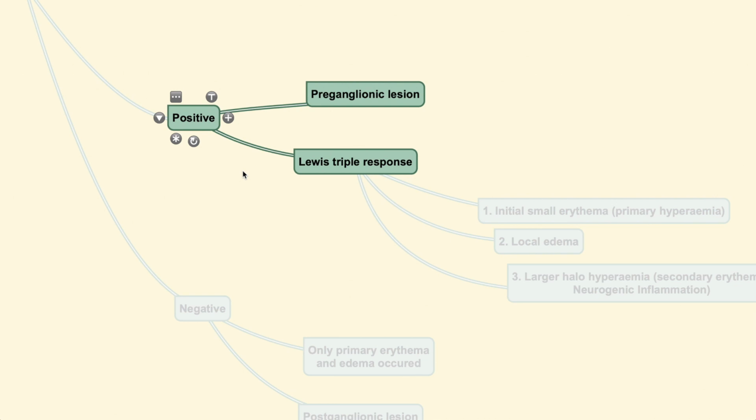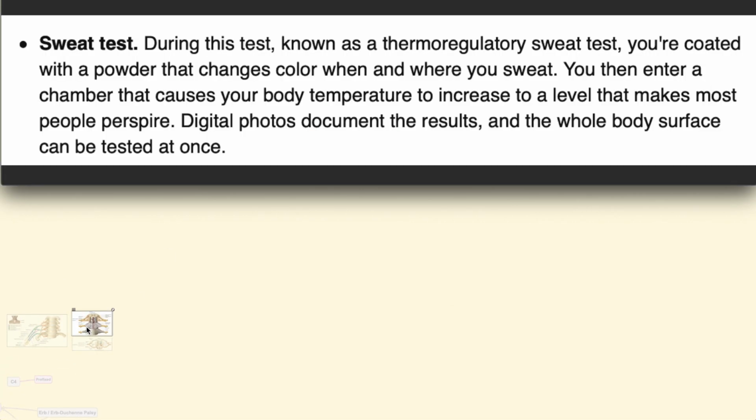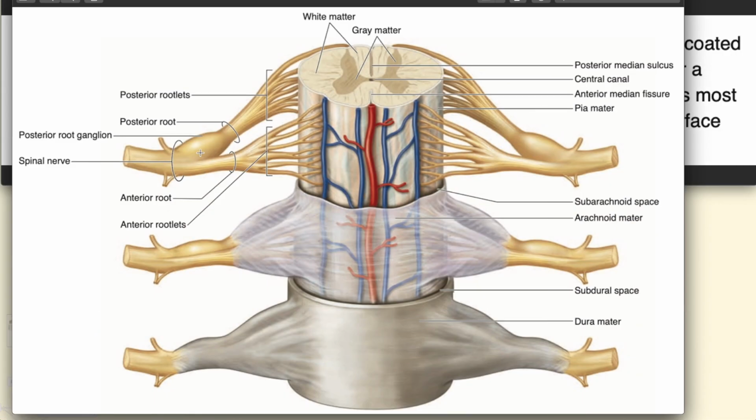Okay, so I'm going to show you the picture one more time. Okay, this picture here. So what the histamine test is trying to do is to detect whether the integrity starting from this posterior root ganglion down all the way to the branch is still intact or not.